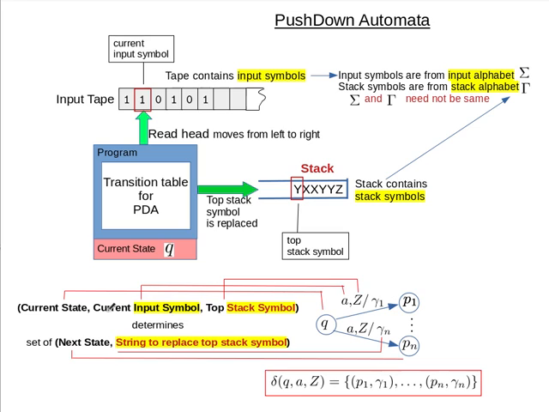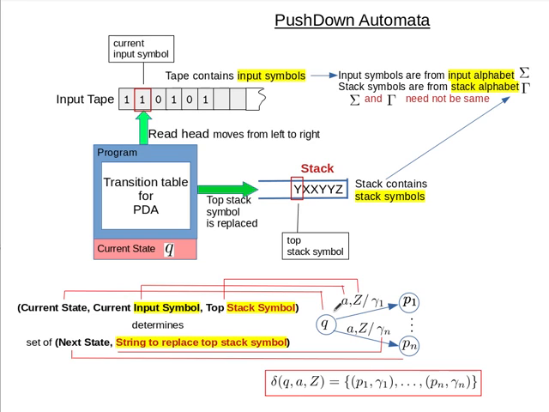So now the transition depends on the current state, the current input symbol, and the top stack symbol. So it depends on this state, this symbol, and this top stack symbol, or current stack symbol, whatever.